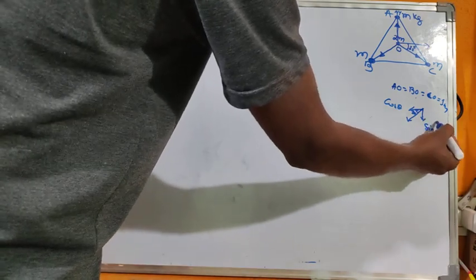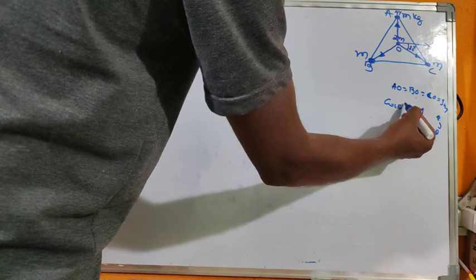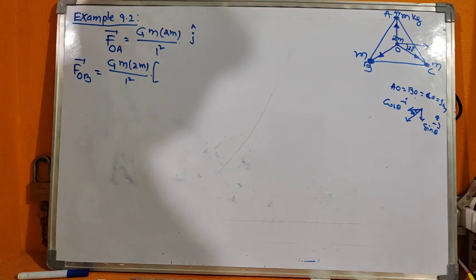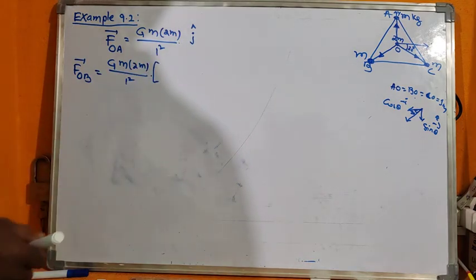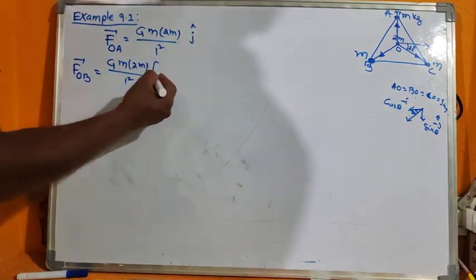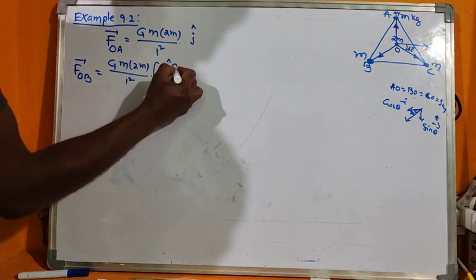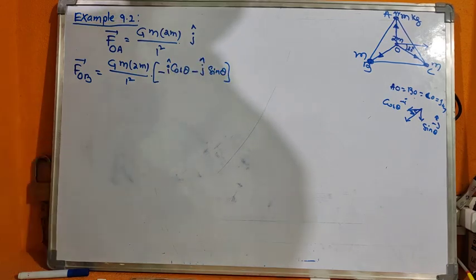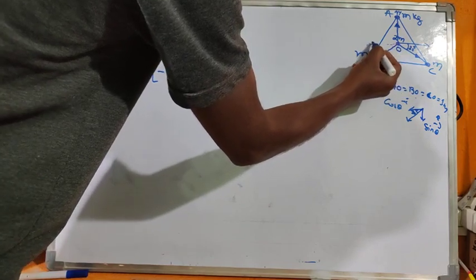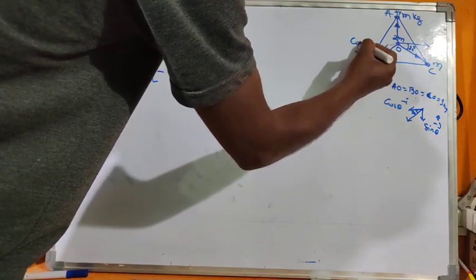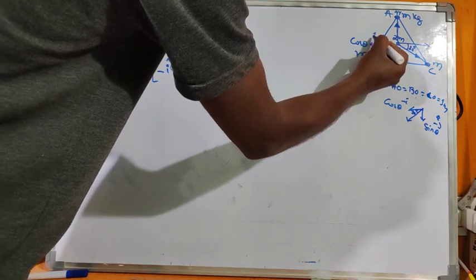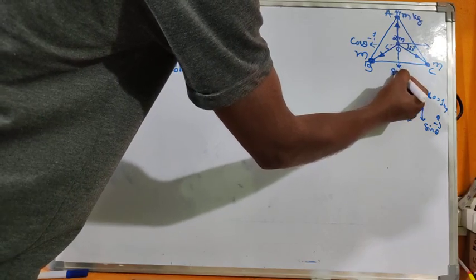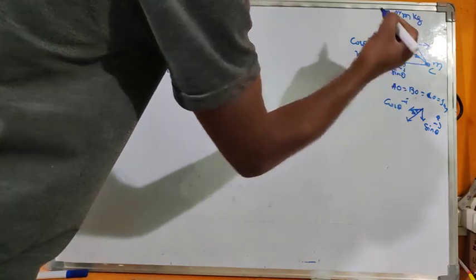The directions are minus i cap and minus j cap. So this force is minus i cap cos theta minus j cap sine theta. The cos theta component is along minus i cap, the negative x-axis, and the sine theta component is along minus j cap.